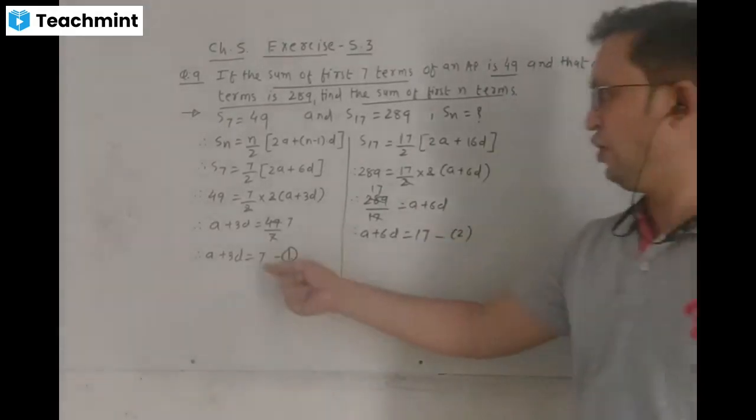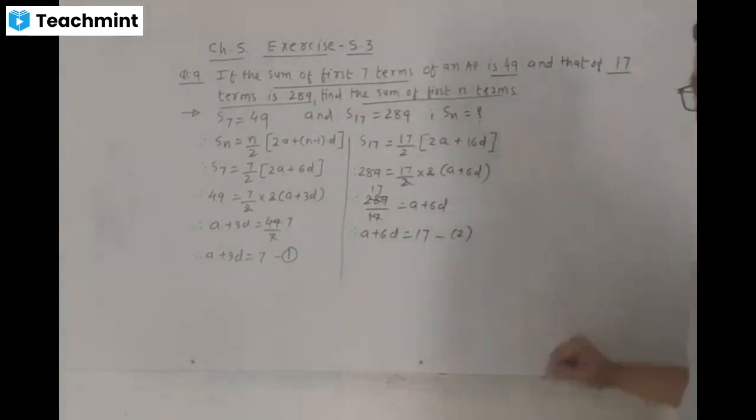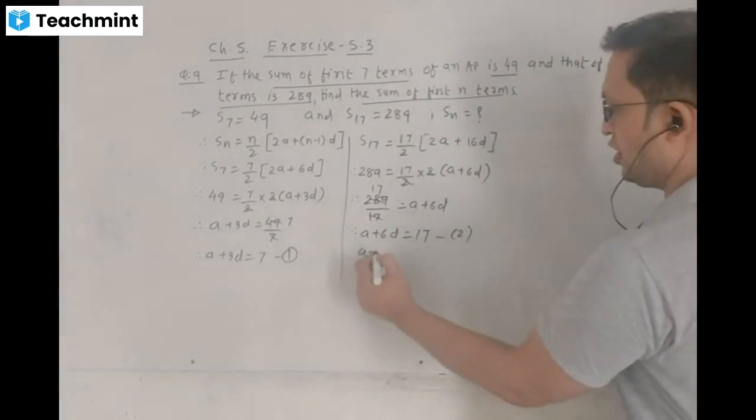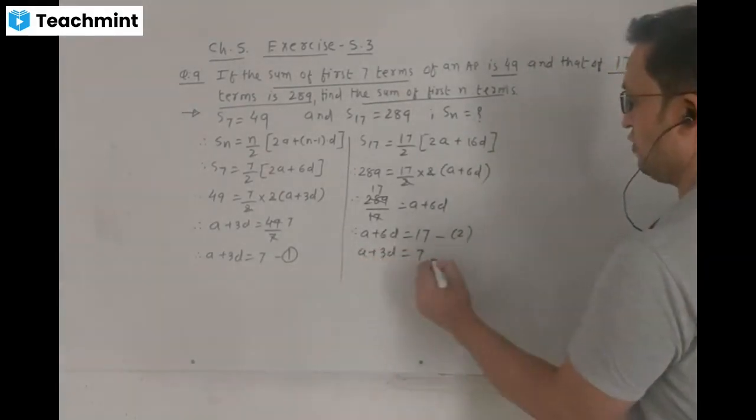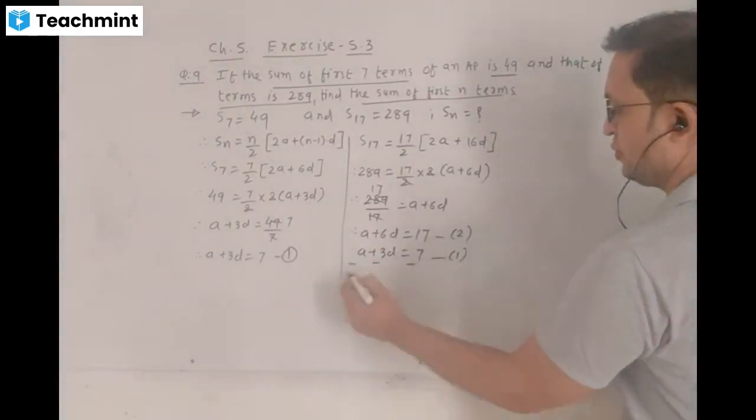Find the value of a and d, solved by the elimination method of equation 1 and equation 2. Here a plus 3d is equal to 7, equation 1. Subtract them.